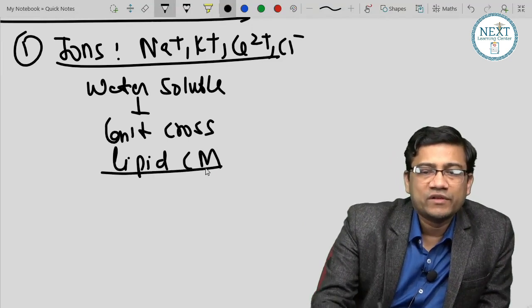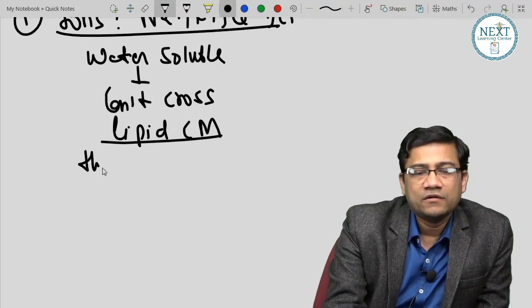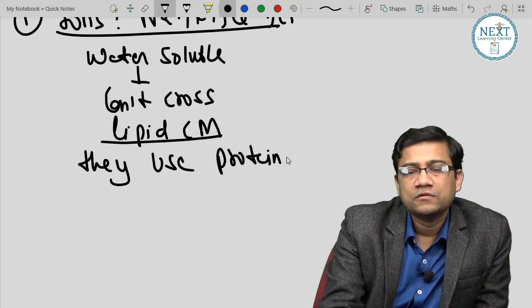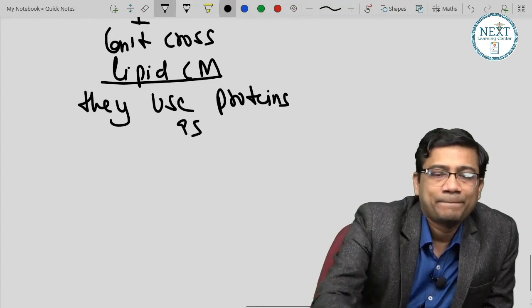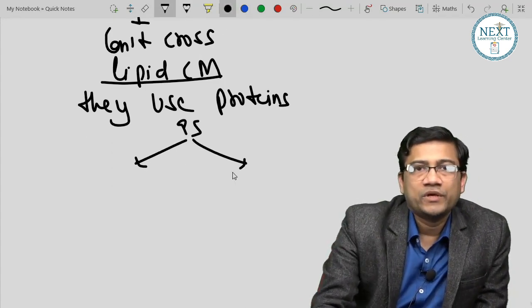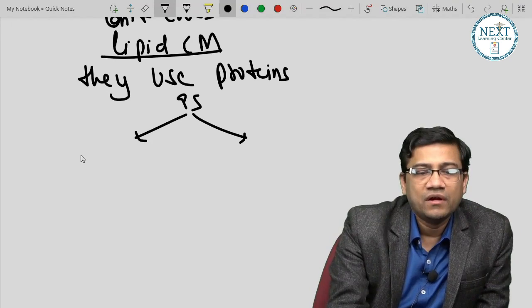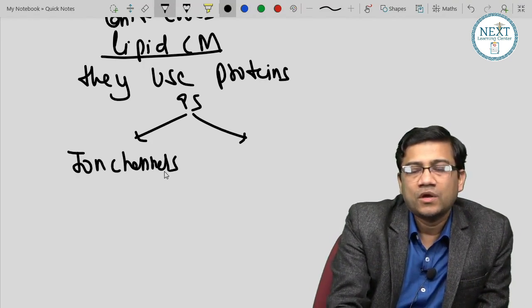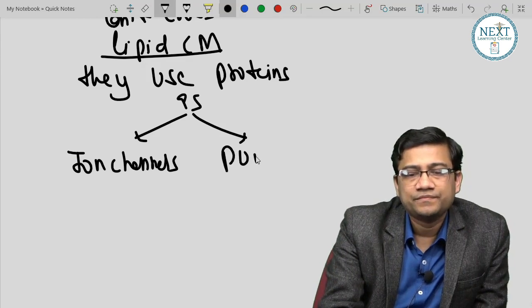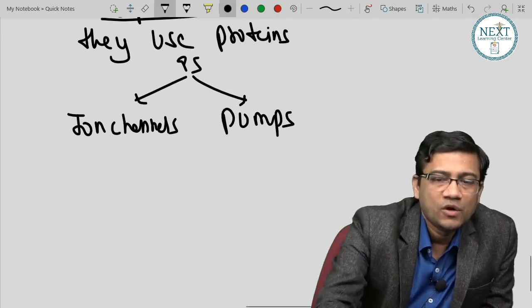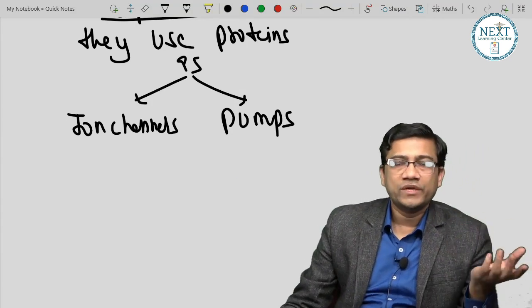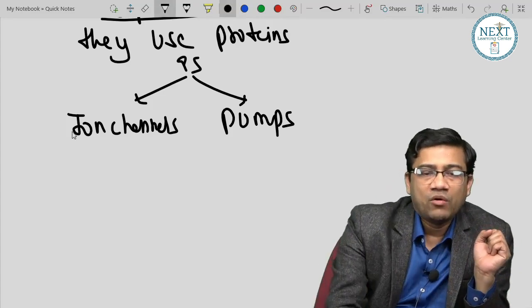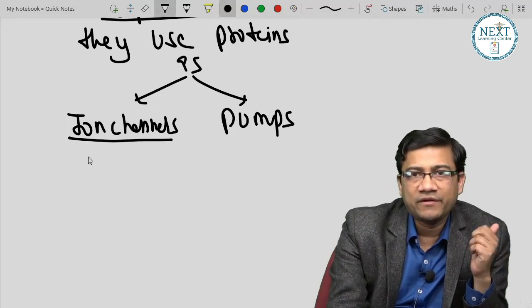So that is why they use proteins, either as ion channels or as pumps. Okay, now ion channels are basically made from tunnel proteins.